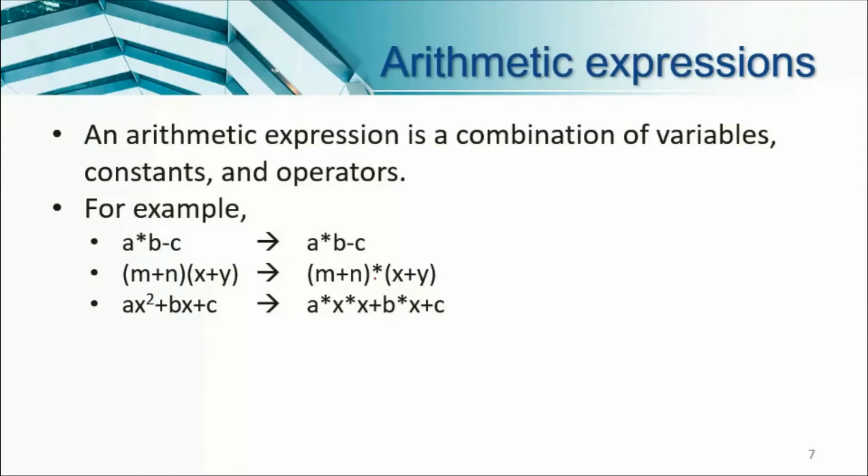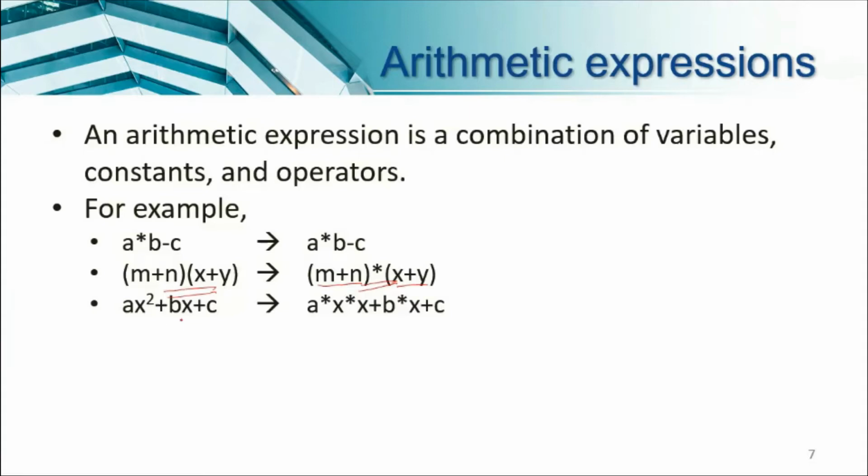When we write it like this, it means that there is a multiplication symbol in between these brackets. So first we have to add m plus n together, then x plus y together, then these two terms are to be multiplied together. That is how (m plus n) multiplied by (x plus y) is evaluated.